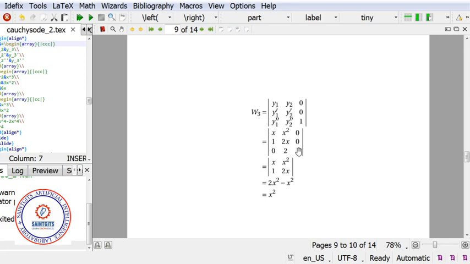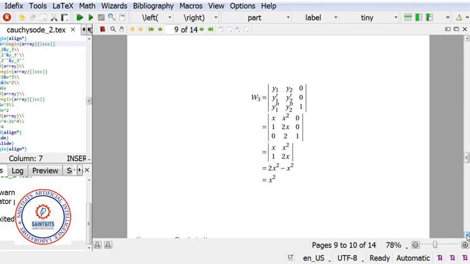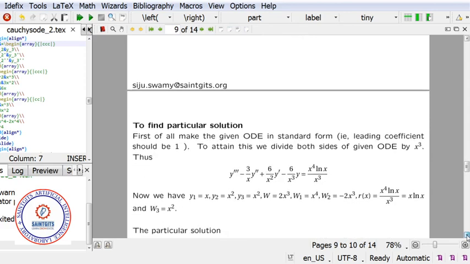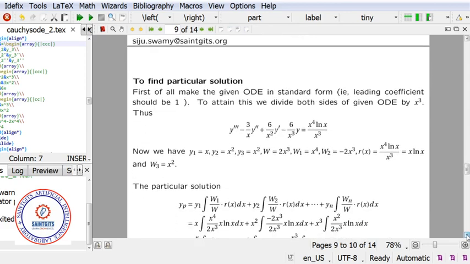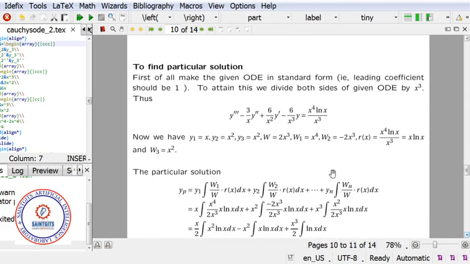Now we are going to evaluate this determinant about the last column. As usual, we get the subdeterminant x square, 1, 2x only. So x into 2x equal to 2x square minus x square, that is x square. Once you get w, w1, w2 and w3, we can directly calculate yp using our Wronskian method.